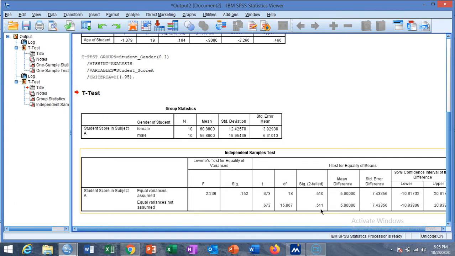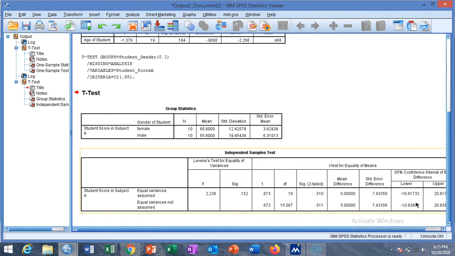which tells us that the two population means are equal, that our null hypothesis is not rejected at the 5% level of significance. And this is the mean difference, and this is the standard error, and this is the confidence interval for the difference of means.